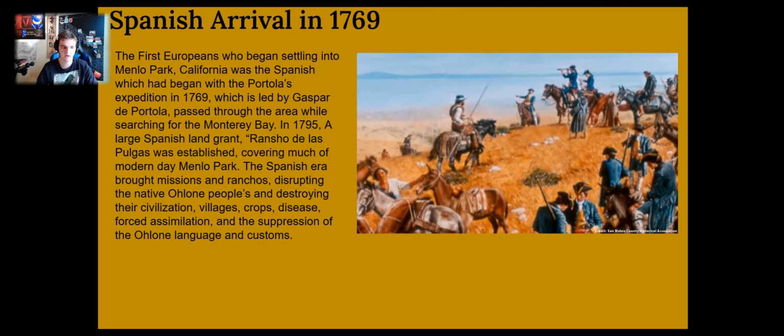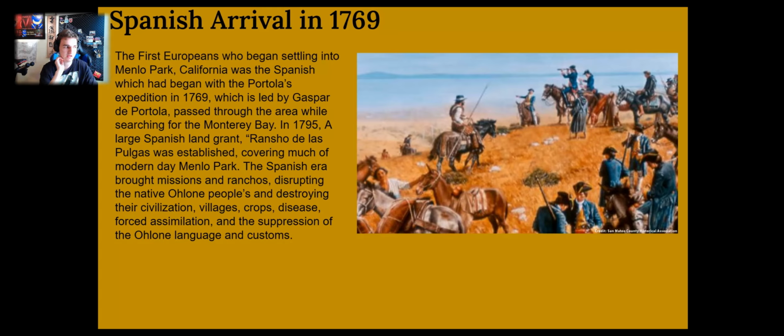The Spanish brought missions and ranchos, disrupting the native Ohlone people and destroying their civilizations, as well as their villages and crops. They brought diseases, forced assimilation, and the suppression of the Ohlone language and customs.